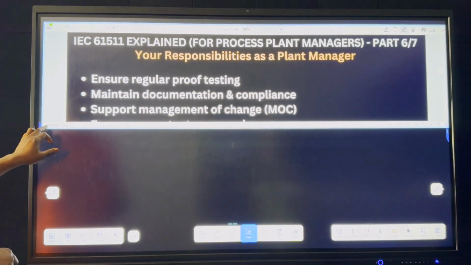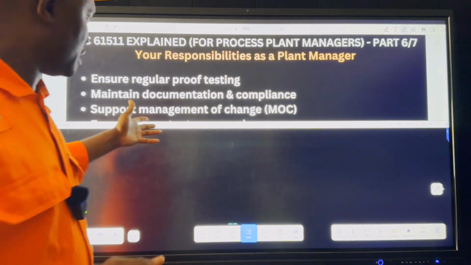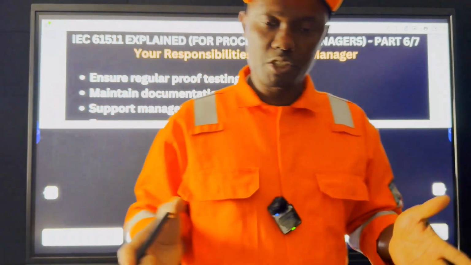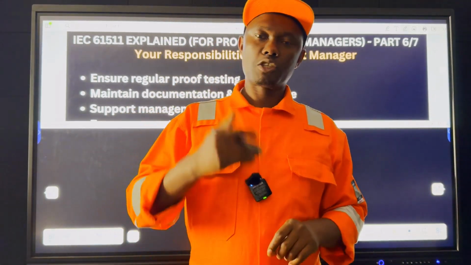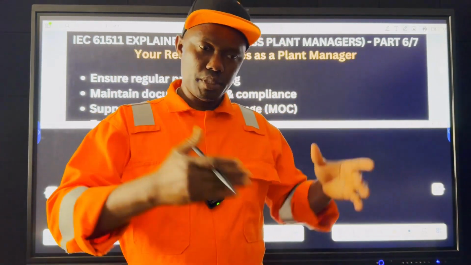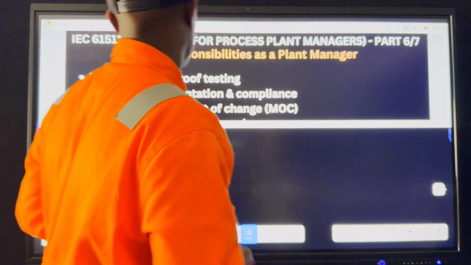So you support the management of change process, like I've mentioned, your MOC process. If there's any need for modification of your safety system, you need to make sure that the MOC process has been carried out the way it should be, appropriately, okay?